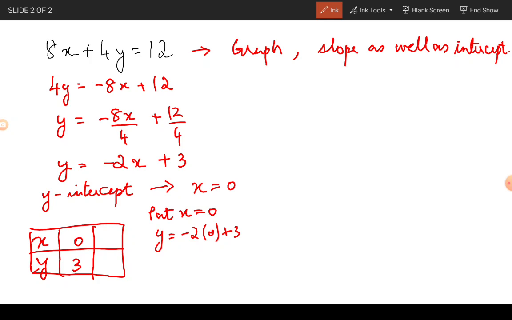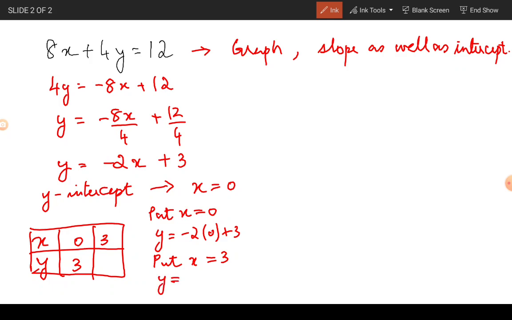Now remember, to plot a straight line you need a minimum of, or at least, 2 points, that is coordinates of 2 points. So let's assume any other value of x. Let's say I put x equals 3. Remember, you have absolute freedom, you can choose whichever point you want.